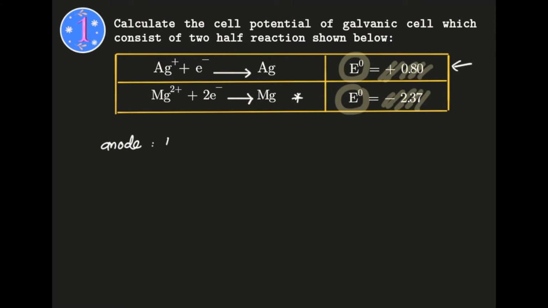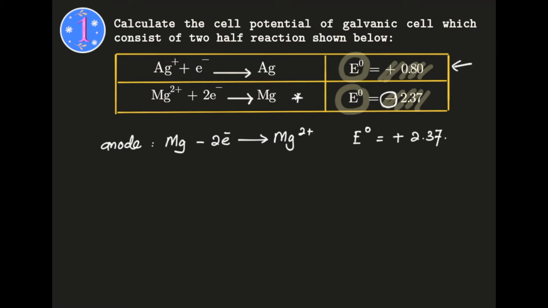So we are going to start with magnesium and then minus 2 electron to produce magnesium 2 plus. Therefore your E node is equivalent to positive 2.37. So remember, this negative you need to change it to the positive because you have changed the overall reaction.